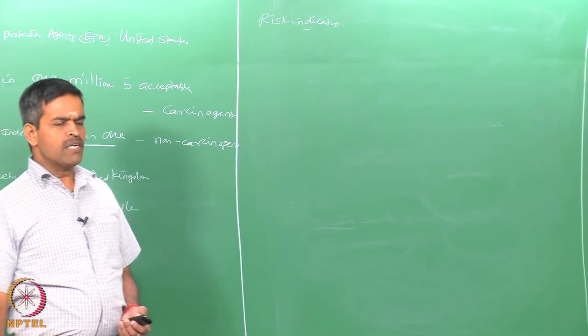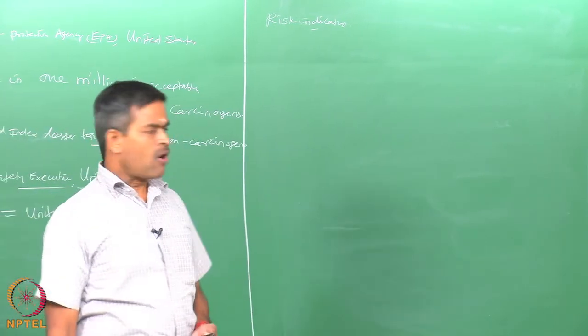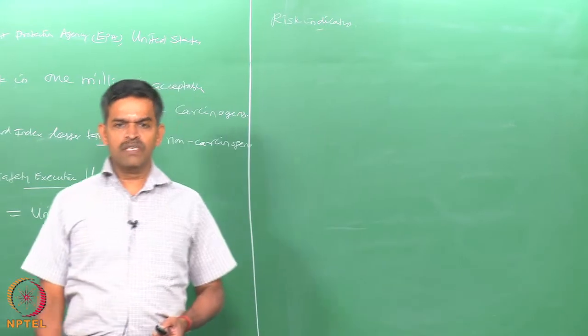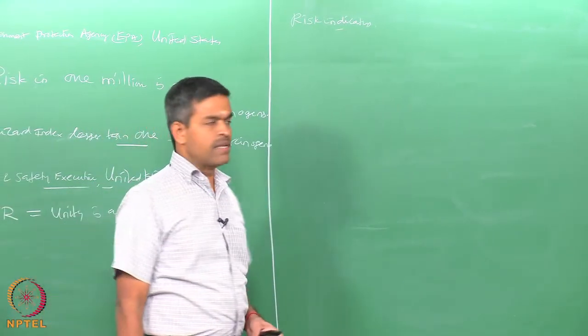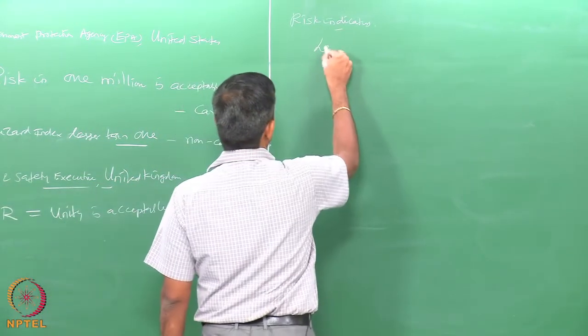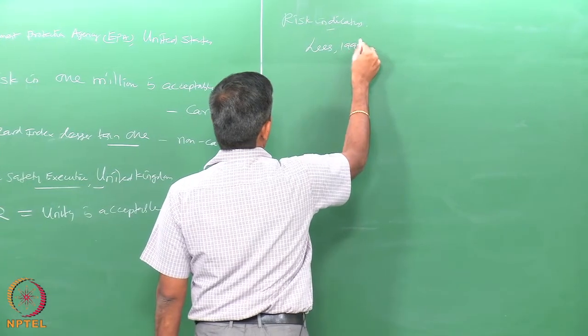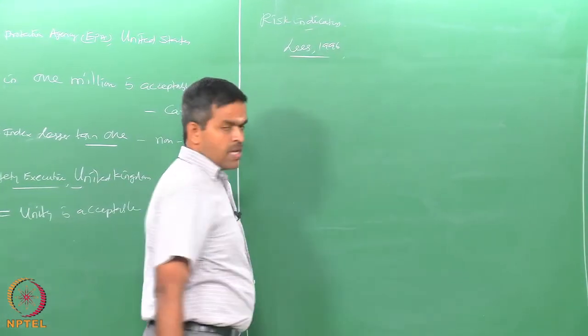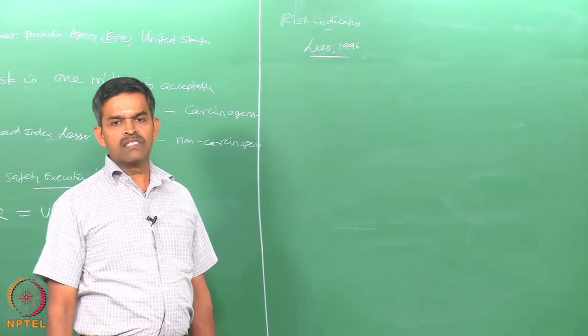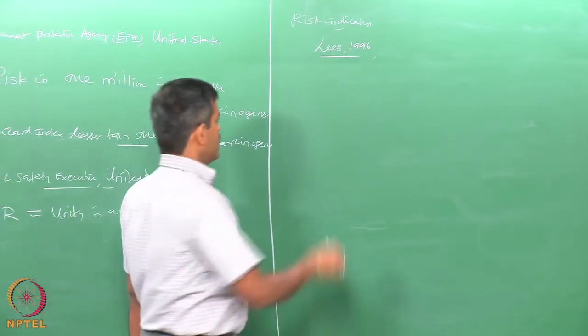There are different fatality statistics available for common non-industrial activities, as given by Lees in 1996. Let us see what they are.